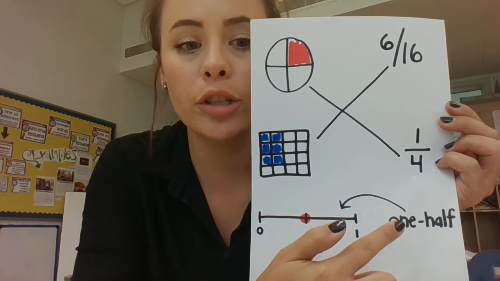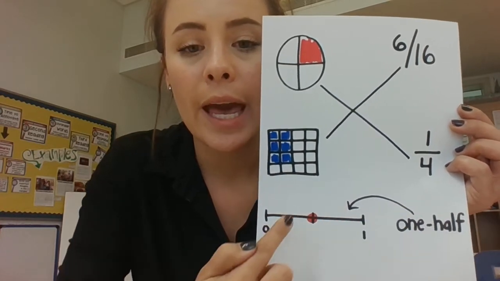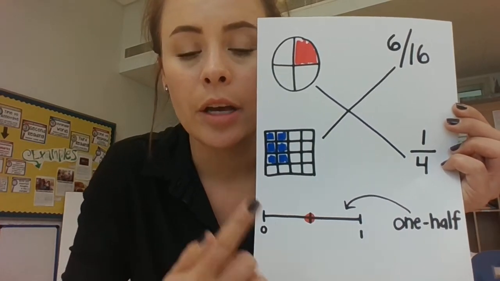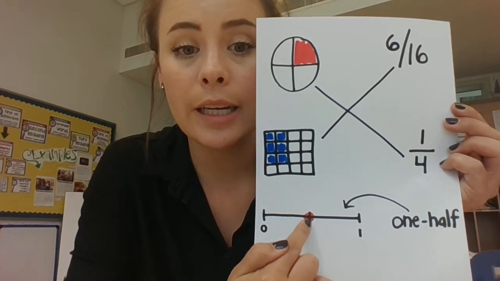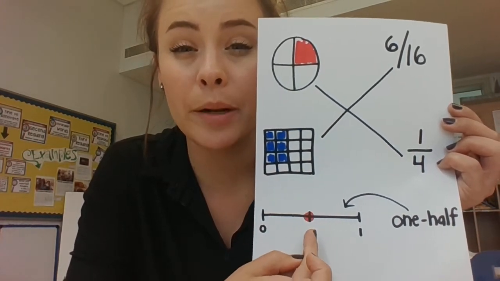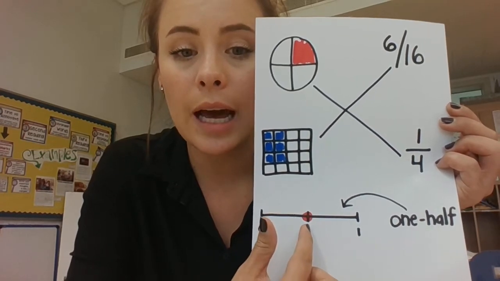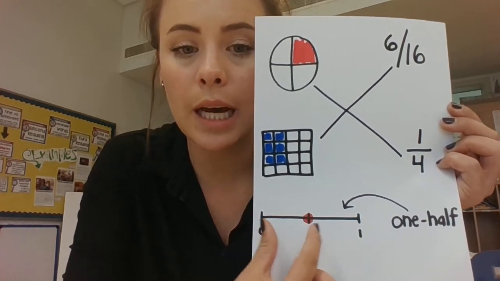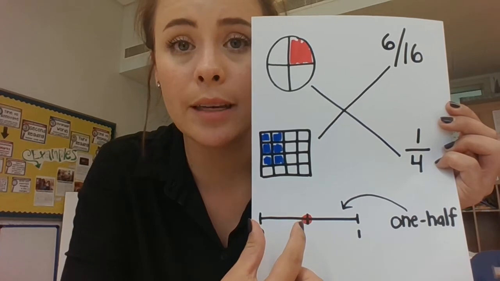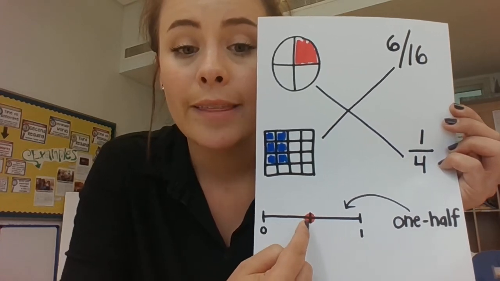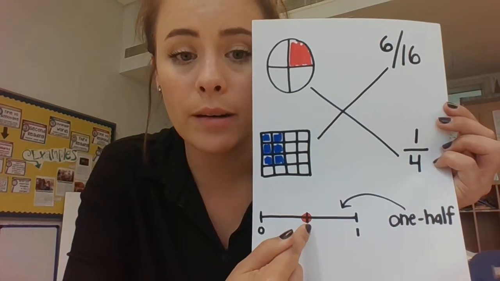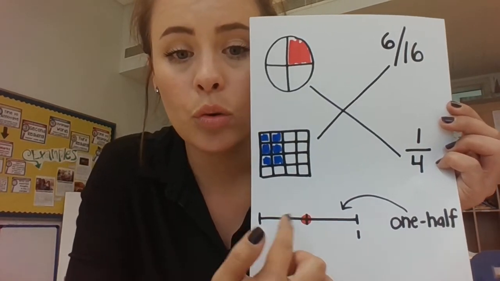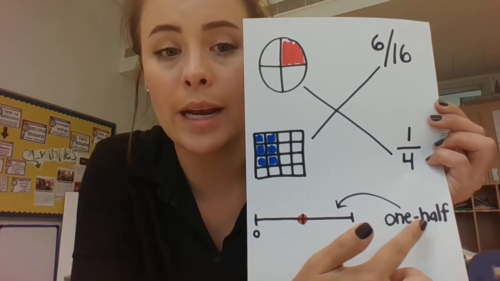I see the words 1/2, and I see a number line here, starting with 0, going to 1, with a line and a dot right in the middle. This line broke my number line into 2 equal pieces, and it's showing that it wants us to focus on the first piece, meaning 1 out of 2, which is half, 1/2.